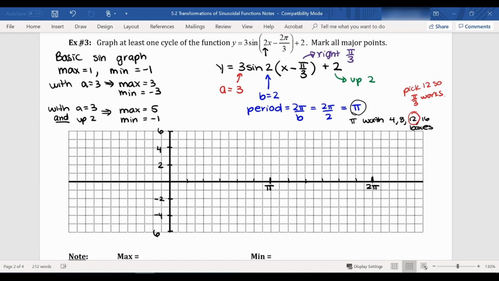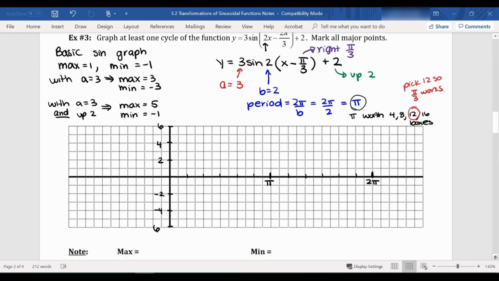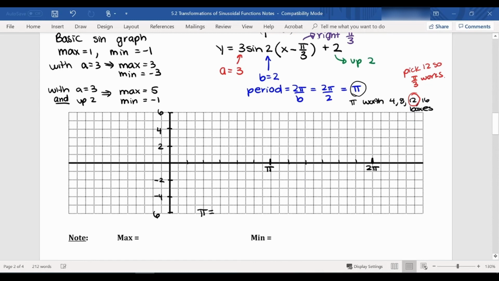So now I also need to figure out, okay, well, if I've done that, where's pi over 3? I need to know how many boxes is pi over 3, right? So if I have that pi is equal to 12 boxes, the question is what is pi over 3? Well, pi over 3 would be 4 boxes, because this is the same as 4 pi over 12.